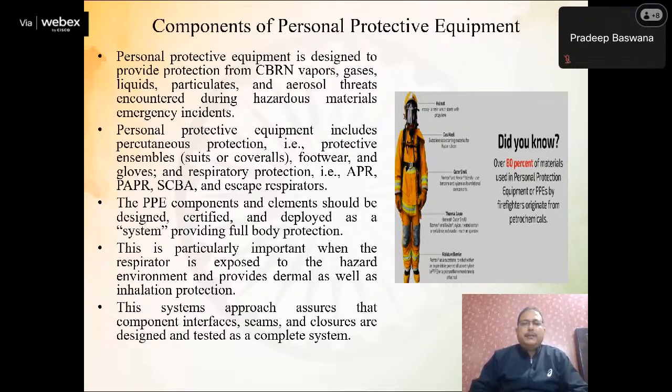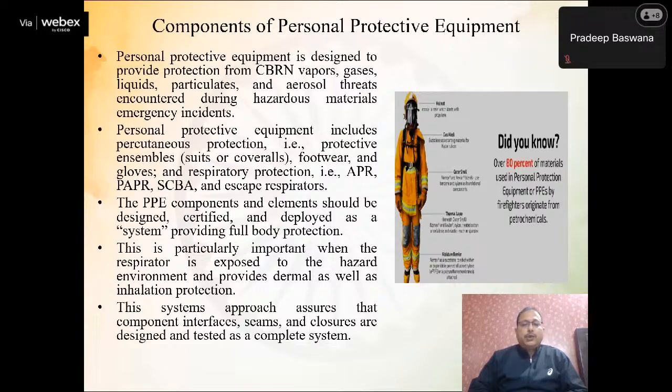The PPE components and elements should be designed, certified, and deployed as a system providing full body protection. This is our basic need. It is a system; don't think it's only a human being. When the responder wears this, it becomes a system. This is particularly important when the respiratory system is exposed to the hazardous environment, and it provides thermal as well as inhalation protection.